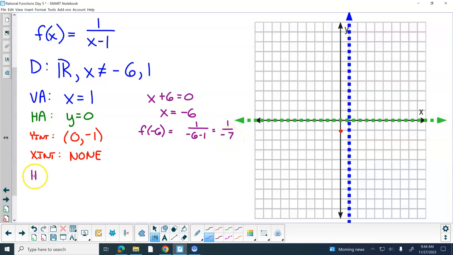So my hole is at the point -6, comma, -1/7. 1 and 2 and 3 and 4 and 5 and 6, -1/7, right there. Personally, I don't feel that we need to find any more spots on this side. Gets me there? Just got to do the other side.